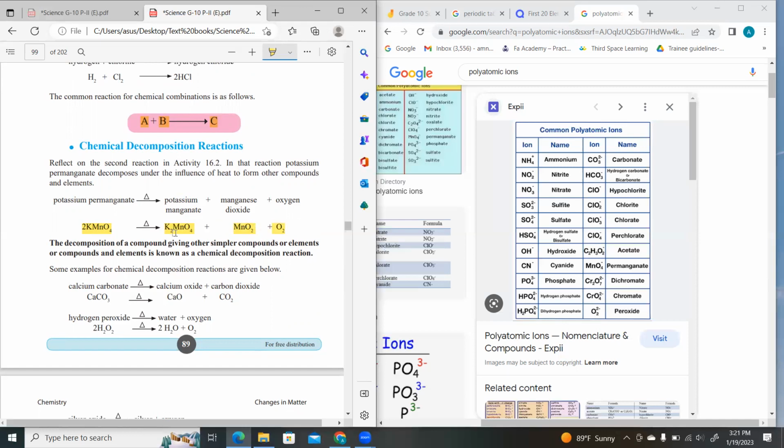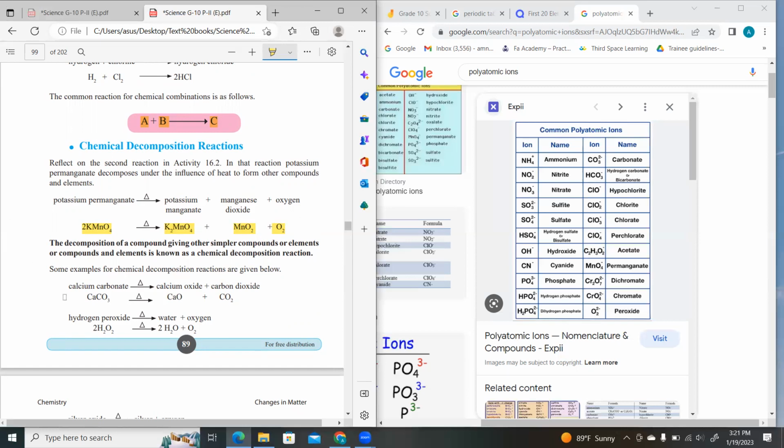Don't worry how these products came. You must be thinking, how did these products come? How can we decide those products? So don't worry about that. We have to do the reaction in the lab and remember those products for this particular reaction, right?